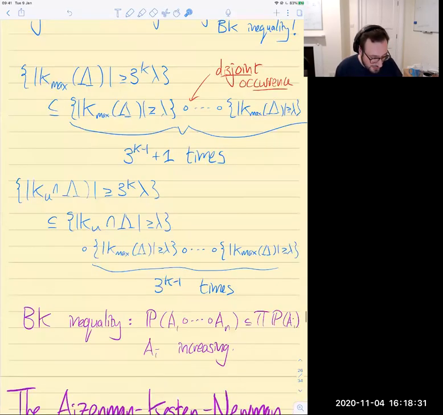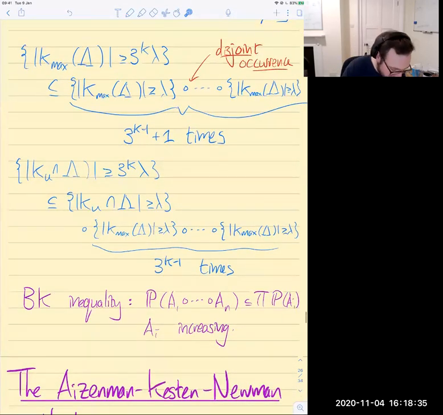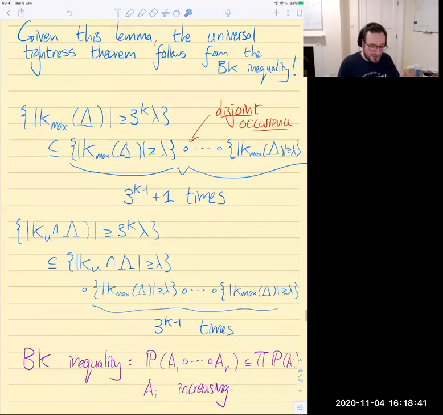Okay. So the way this proof is going to work is I'm going to want to say that if this event holds, let's say look at this one, that the maximum cluster size is at least 3 to the k times lambda, then I want to find 3 to the k minus 1 plus 1 disjoint witnesses for the event that it has size at least lambda.